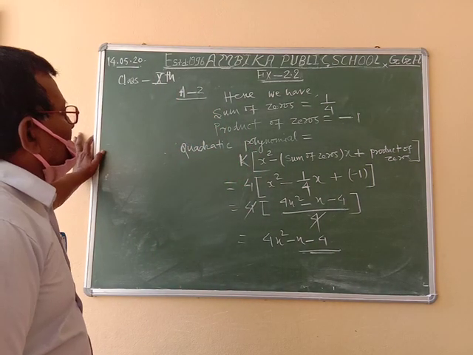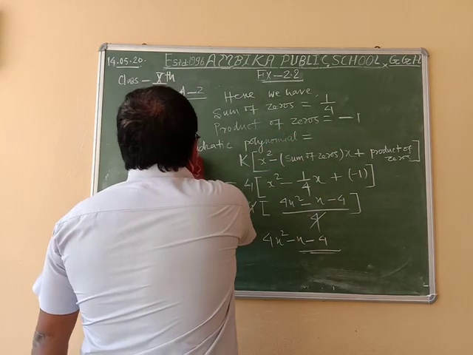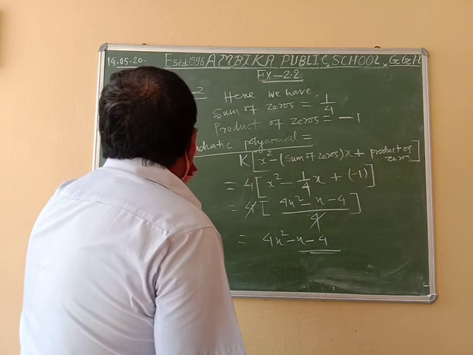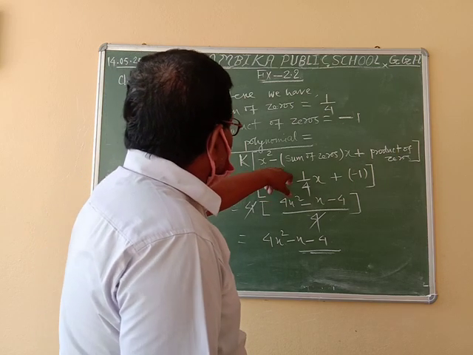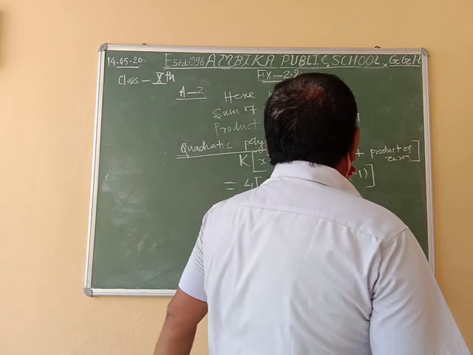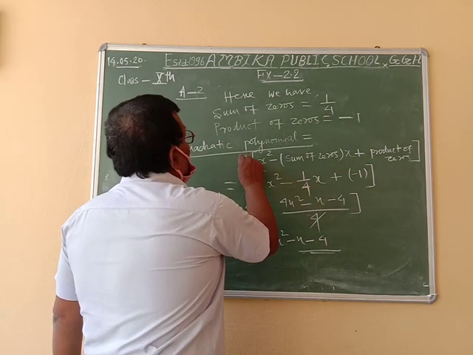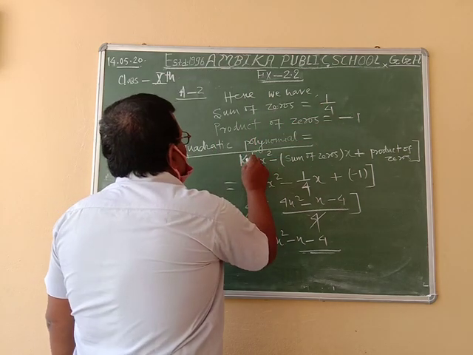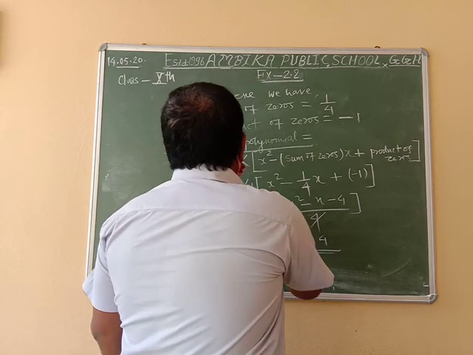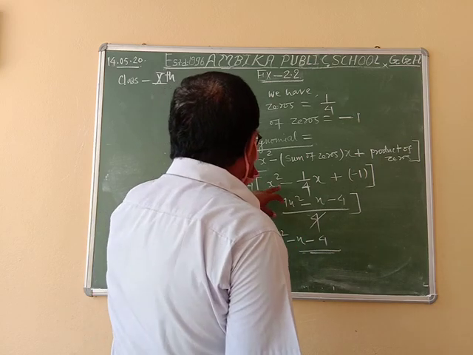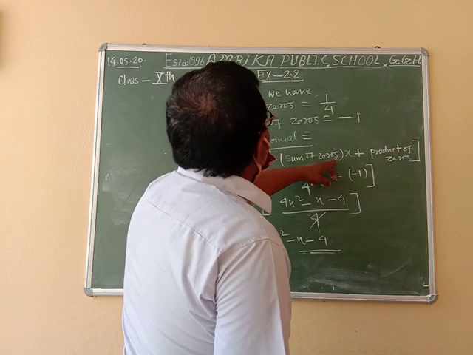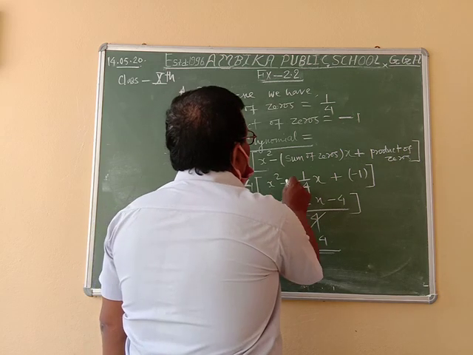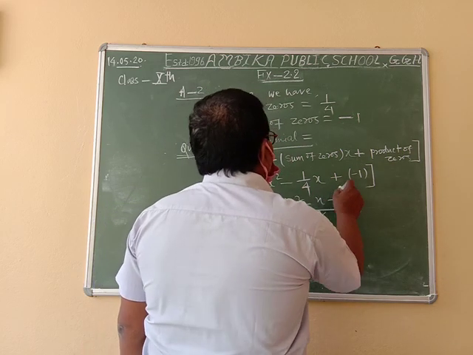So if you are given sum of zeros and product of zeros to find the quadratic polynomial, we write the formula of quadratic polynomial as k into x square minus sum of zeros into x plus product of zeros. Here the denominator is 4, so in place of k we write 4 as constant, into x square minus sum of zeros 1 by 4 into x plus product of zeros minus 1, which equals 4x square minus x minus 4 by 4.